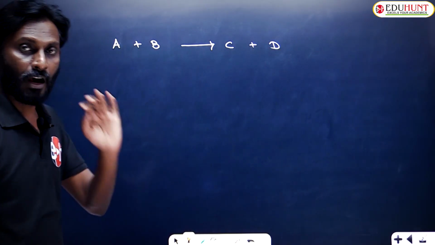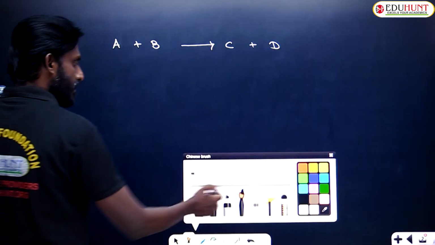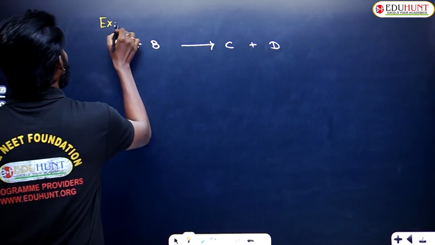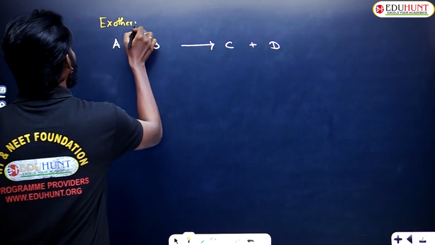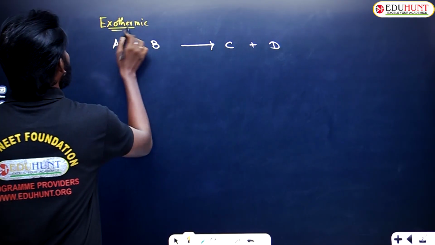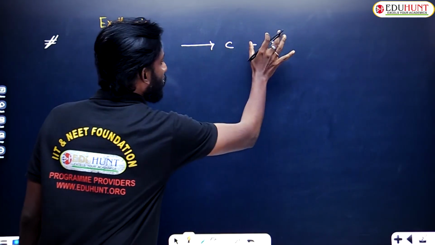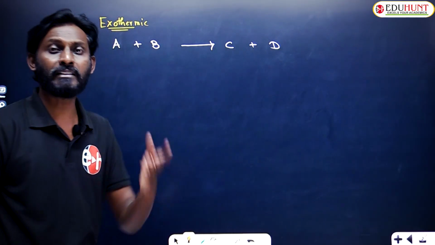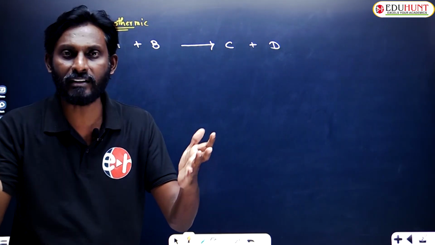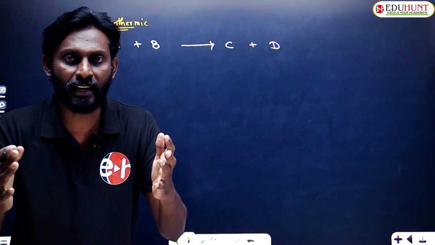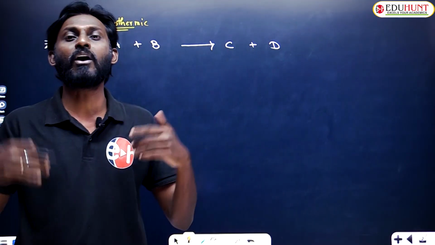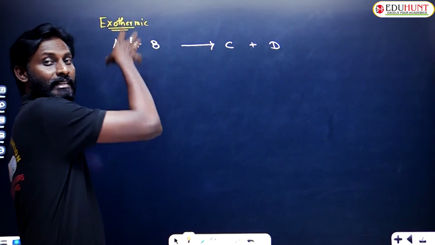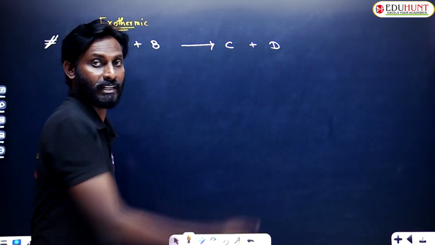Now if I say this reaction is exothermic, then during the process it has to release energy. But that energy is not newly created. Energy can neither be created nor destroyed. So only the energy present inside the chemicals is somehow releasing outside, right?